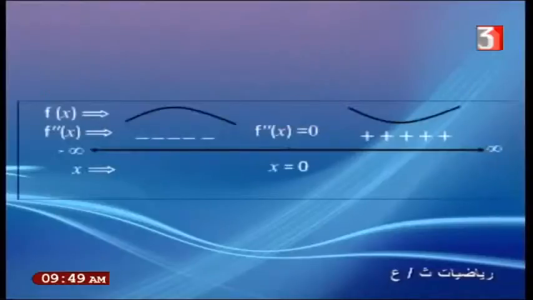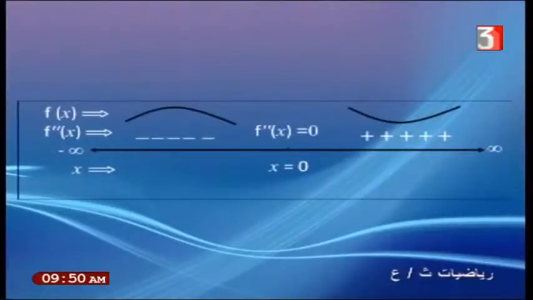Now, in the open interval negative infinity and 0, the curve is convex upwards, and in the open interval 0 and infinity, the curve is convex downwards, because f double dash x is negative in the open interval negative infinity and 0, and f double dash x is positive in the open interval 0 and infinity.